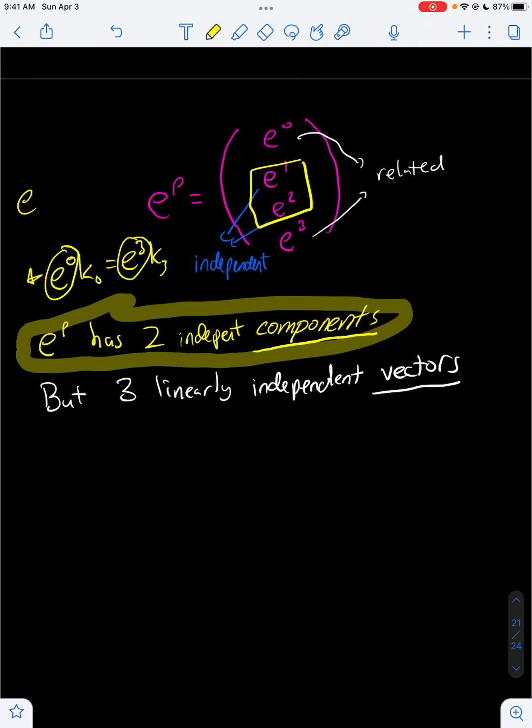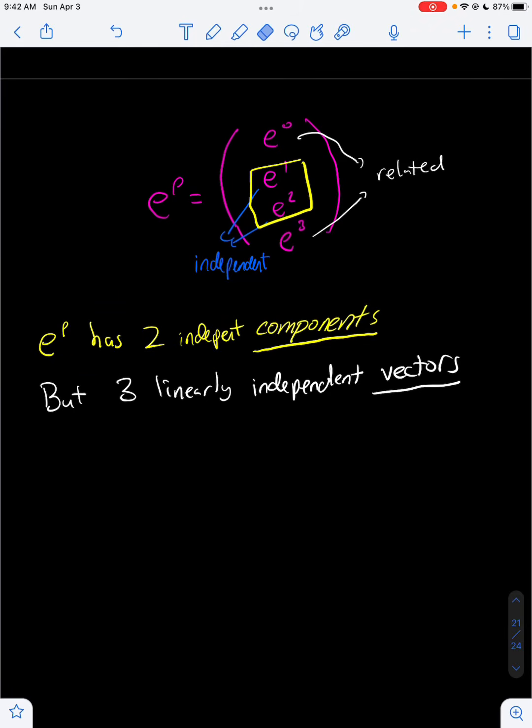It should just be two independent components, because components are scalar quantities. Saying linearly independent won't really make any sense, since all scalars have linear dependence. So they're not linearly independent components. They are just two independent components. E rho has two independent components, but it does have three linearly independent vectors. There's a big difference between the component and the vector.